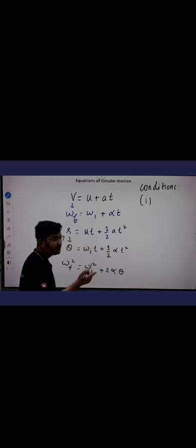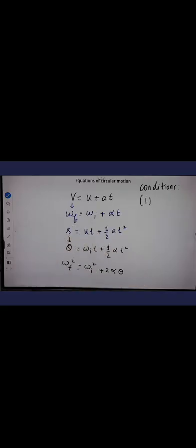Good. So write the first condition. The motion should be circular motion. Got it? Because it's not valid in a straight line motion. So it's very obvious, no? Anyone with eyes and ears knows it should be circular motion.